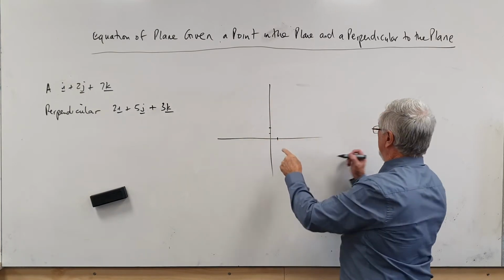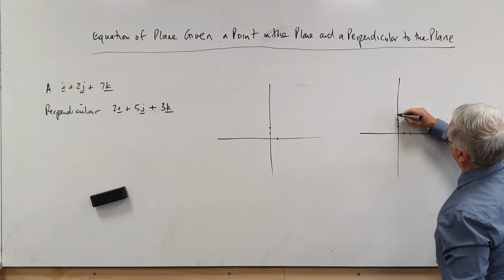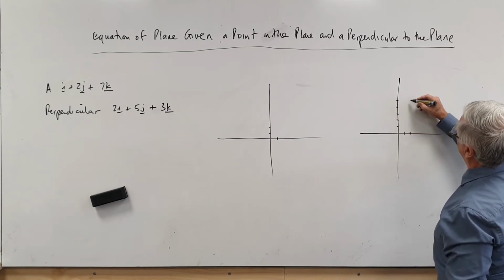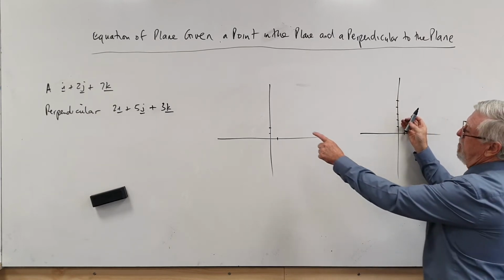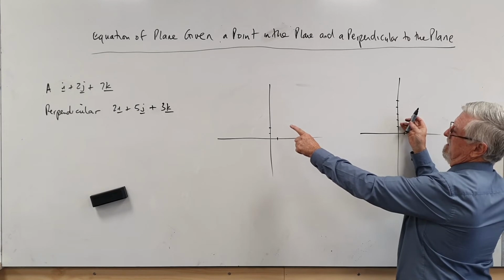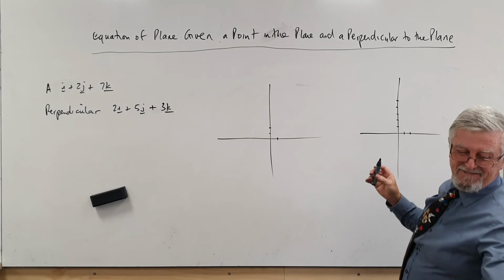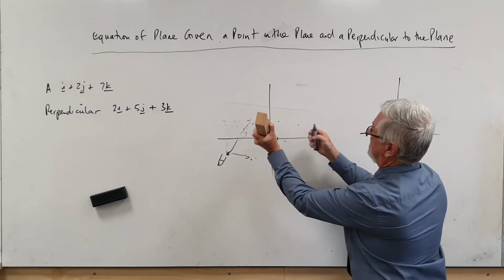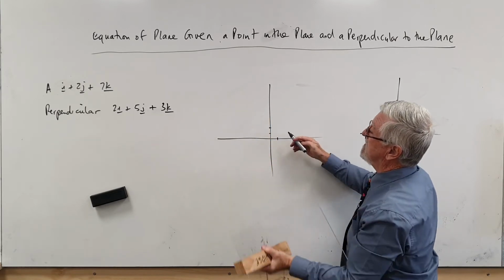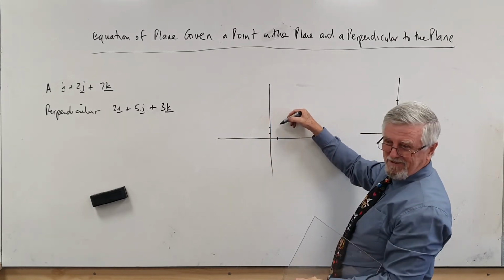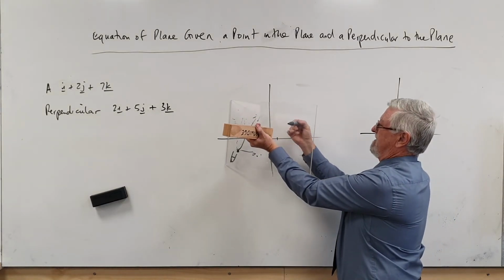So I'm going to do a separate diagram for it. This is at 2, 5, and 3, so we're at about here somewhere. So we've got a point out here, and a perpendicular to it. The point is 1, 2, 7, about there somewhere.